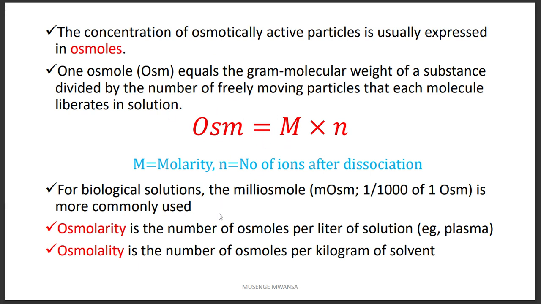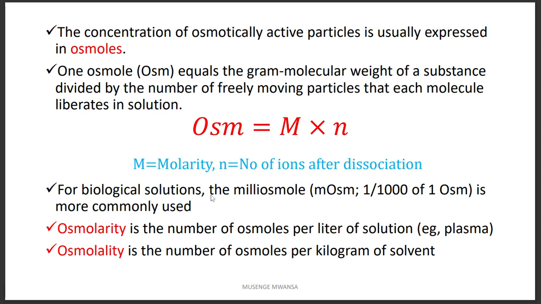We mostly express it either in osmolarity or osmolality, which is dividing by the liters of solution or the kilograms of solvent. Osmolarity is osmoles per liter. Osmolality is osmoles per kg of the solvent you are dissolving in, mostly water. For plasma, it will mostly be in osmoles per liter.